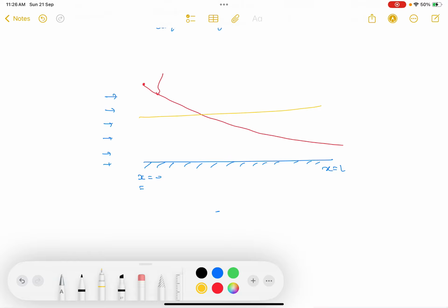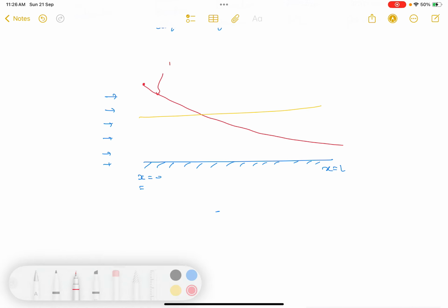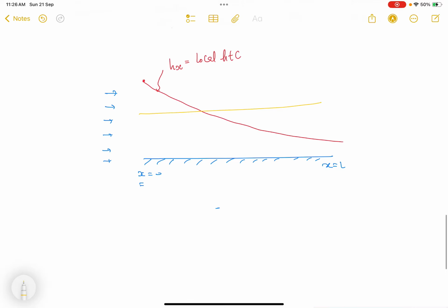So h x, this is local heat transfer coefficient, and this is the area averaged or length averaged heat transfer coefficient over the whole surface. Average heat transfer coefficient. Right.